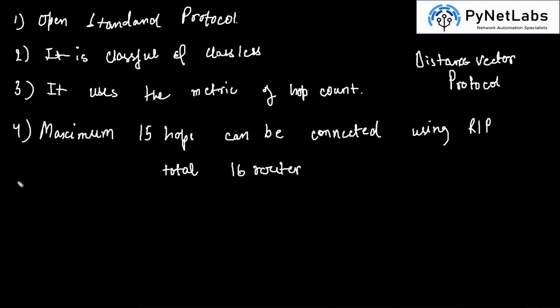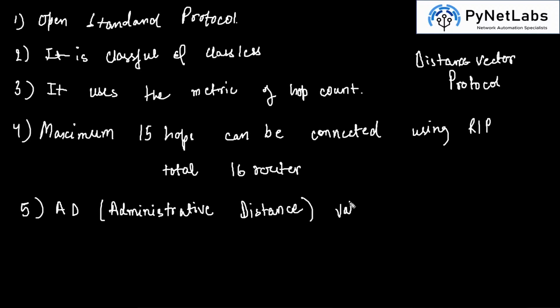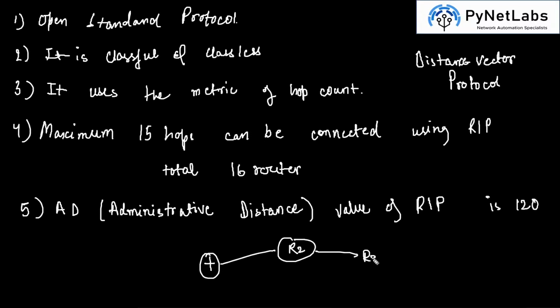Then the fifth thing which we have for RIP is AD, which stands for administrative distance. The AD value of RIP is 120. Now let's understand one more thing. Let's say these routers are connected over multiple protocols.